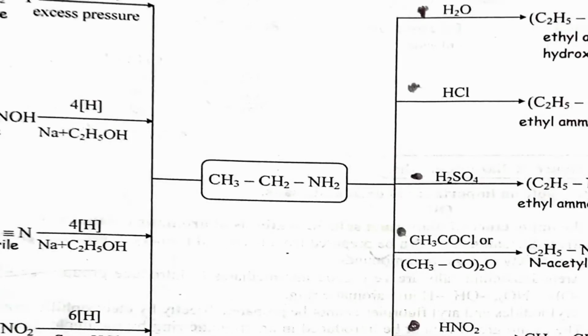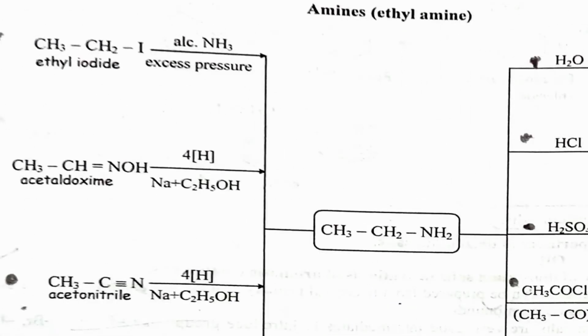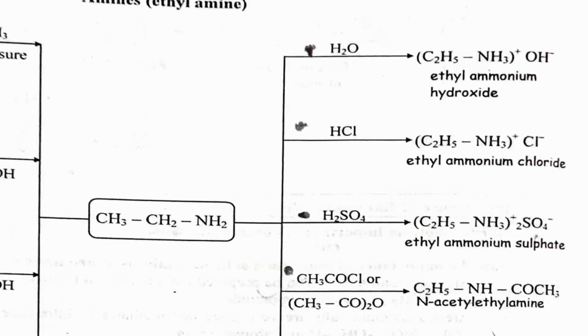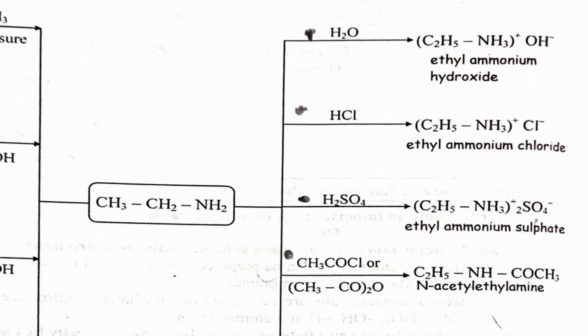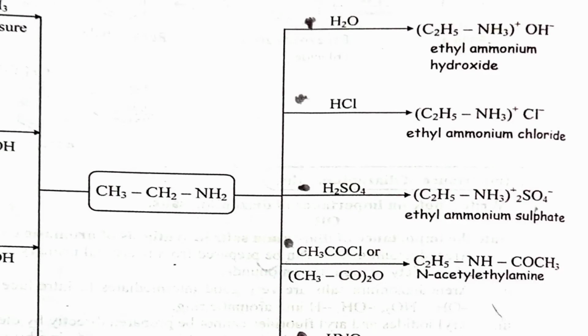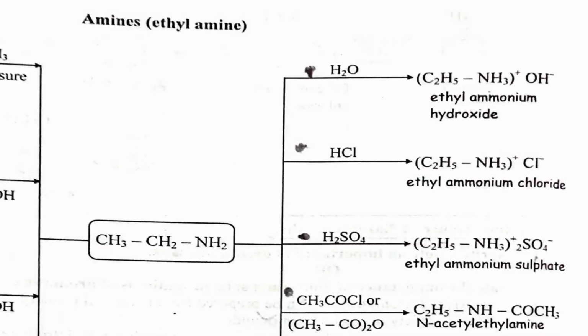Now, this is our method of preparation of alkyl amine. Now we are going to discuss the chemical properties of alkyl amine, not halide, it is alkyl amine. First you see, when alkyl amine reacts with water, hydrolysis occurs.